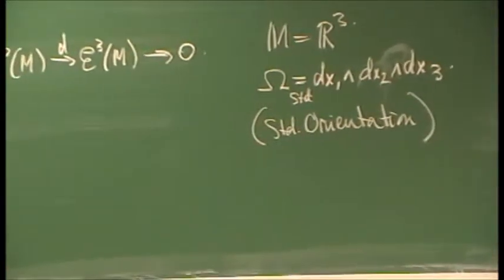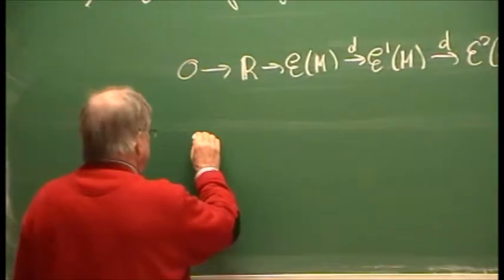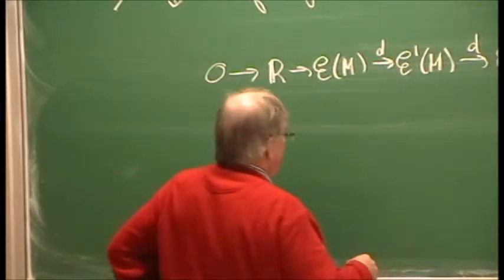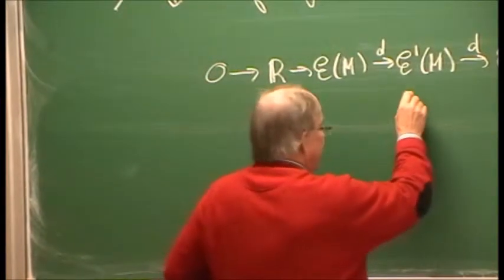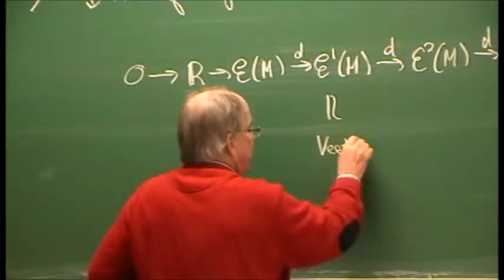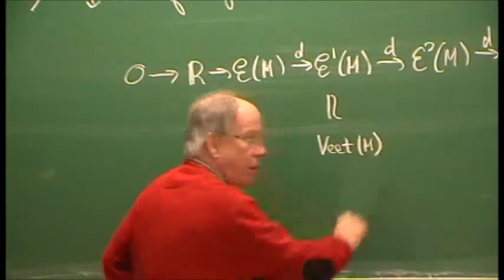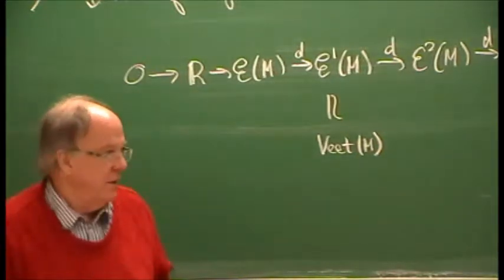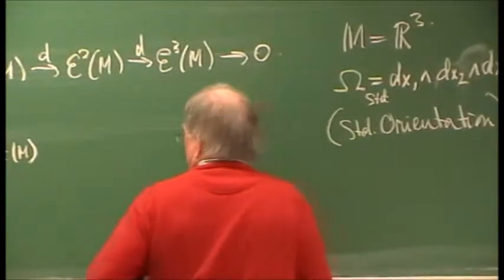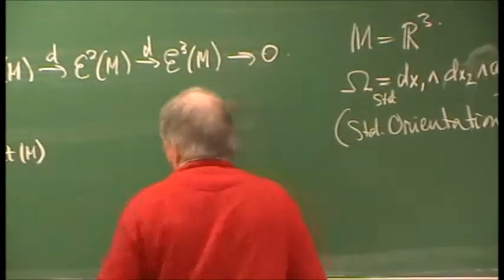And now, below all of this, last time we had some fun. Let's start having fun in the middle here. This is isomorphic to the vector fields on M. And I emphasize that we use not only the standard orientation, but here we use the standard coordinates.